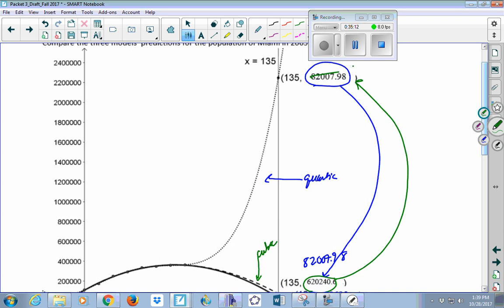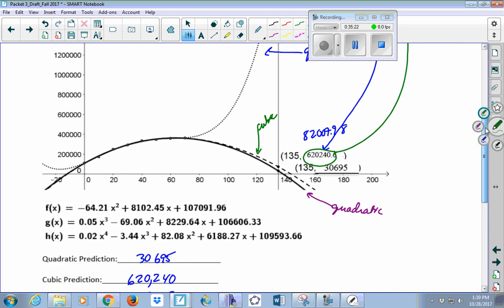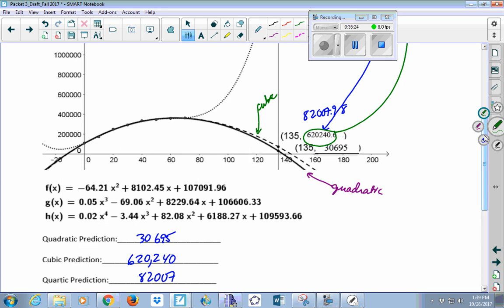This should be 620,240.6. Okay, so let's fix that up. So the cubic model, the minute I wrote that, I knew something was off, because I knew that the distance between those two points couldn't be almost 600,000. And then the quartic is 620,240.